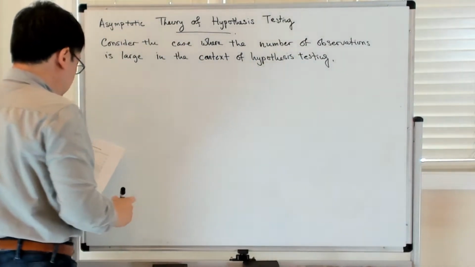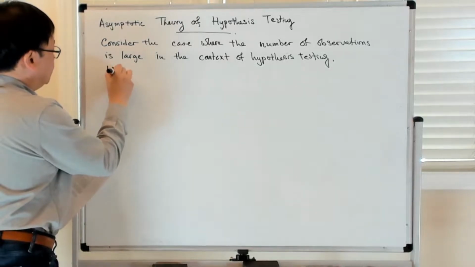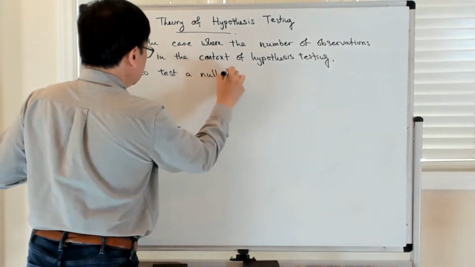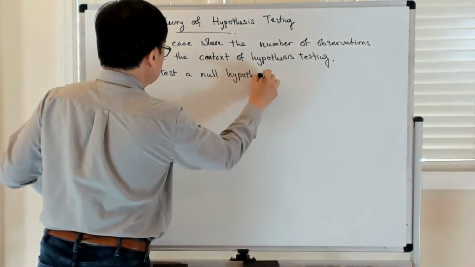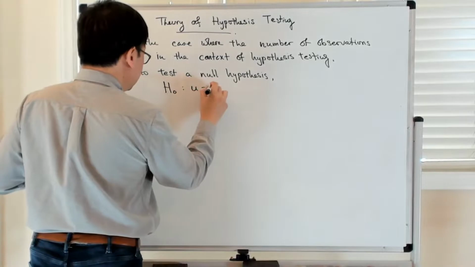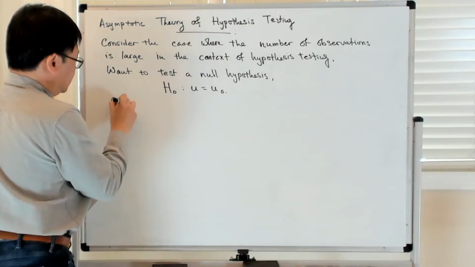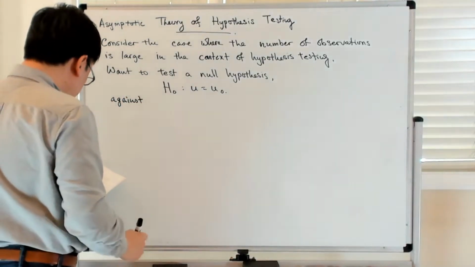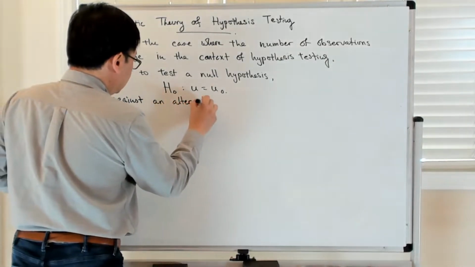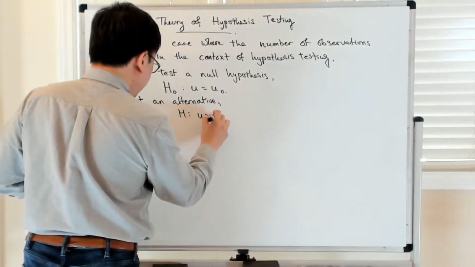Okay, so basically what you want to do, for example, is to test a null hypothesis. Say the null hypothesis is that u is equal to some nominal value u0 against an alternative hypothesis, say that u is actually greater than u0.